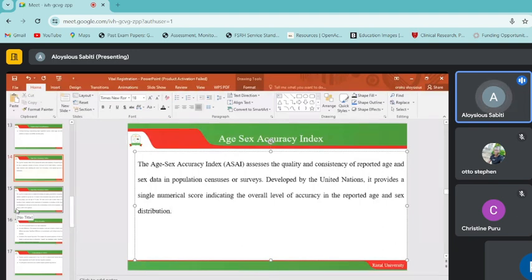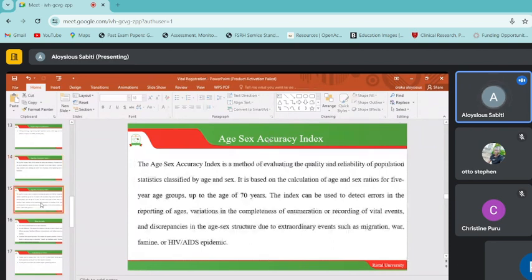So when you're referring to age-sex accuracy, or what we call the ASI index, we are saying that this helps to assess the quality and consistency of reported age and sex data in population censuses or surveys. It was developed by the UN, and it provides a single numeric score indicating the overall level of accuracy in the reported age and sex distribution.